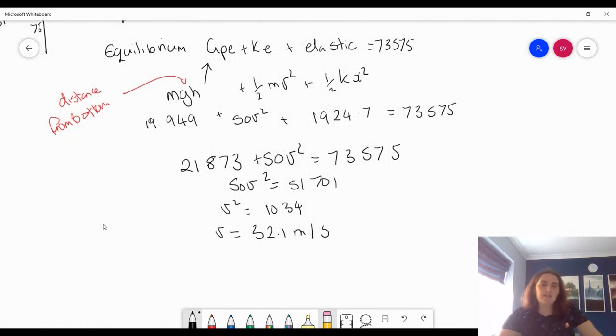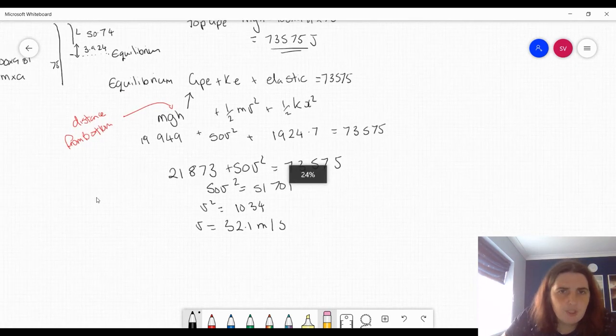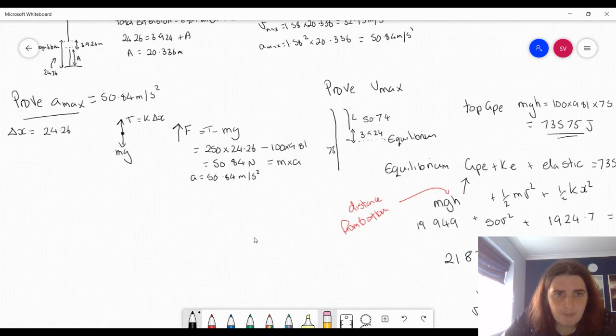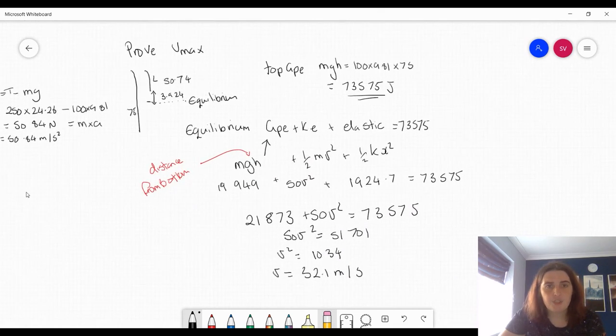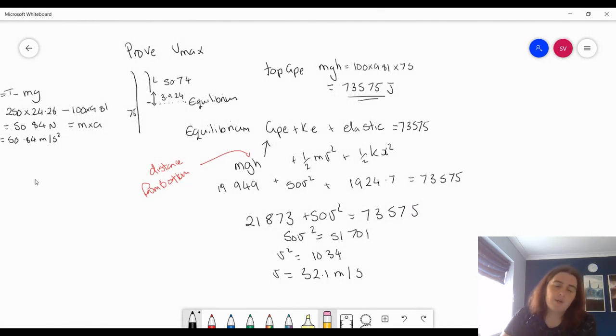So here are some other proofs that you can do to prove a max and v max. You could do acceleration through forces, and you could do velocity by looking at the energy formula. It's all about knowing what is going on.